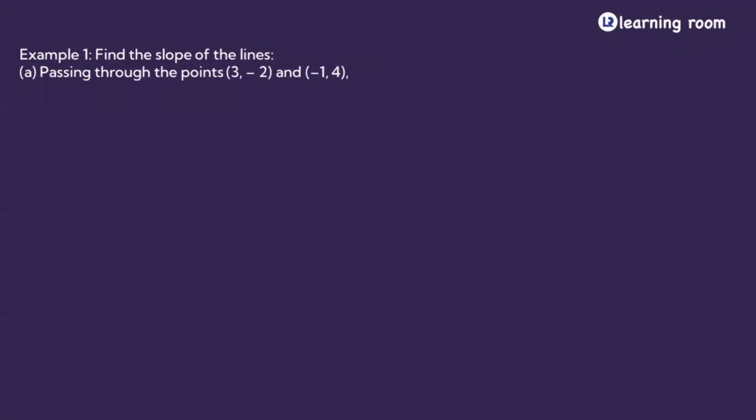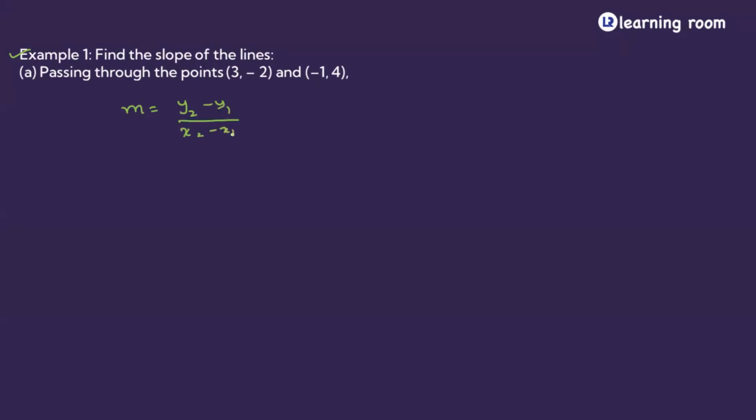Now we are done with the concepts. For the first exercise, we'll start with some example problems. Listen, it's very simple. The first example is: find the slope of the line passing through the points (3, -2) and (-1, 4). What is the slope of a line joining 2 points? m is equal to (y2 minus y1) divided by (x2 minus x1).